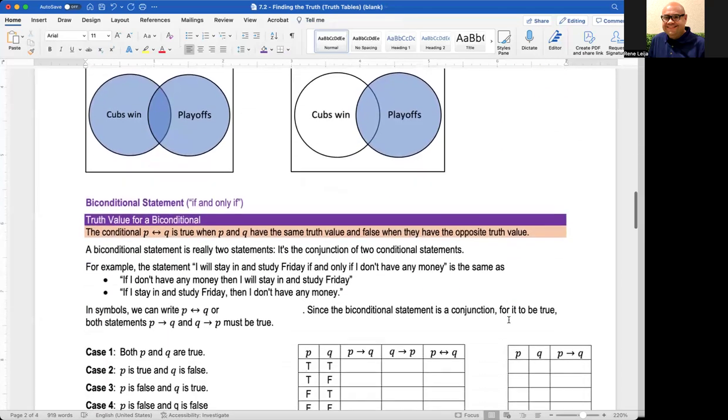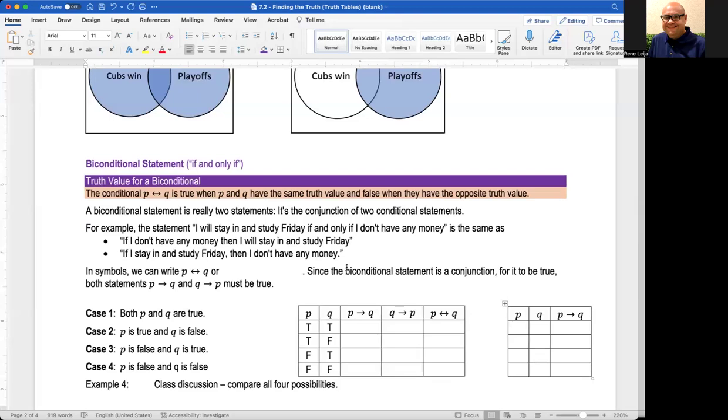All right. Now the biconditional, the explanation kind of takes you all the way around the block. And then I'm going to show you something that is necessary, but I'm just going to do it because it's in the book. And if you look at the book for help, then it's there. All right.